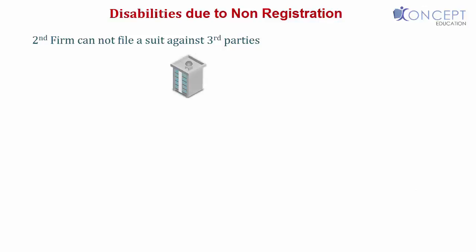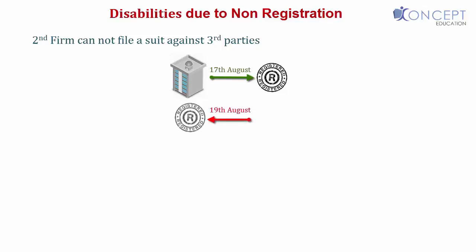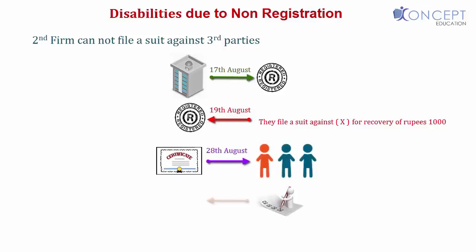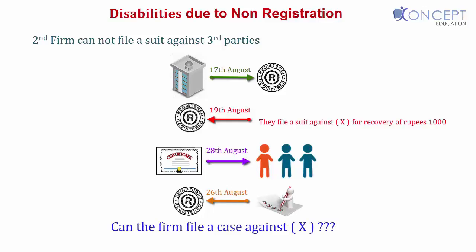An unregistered firm applied for registration on 17th August. On 19th August, before the registration could be filed, they filed a suit against X for recovery of rupees 1,000. Registration certificate was given to them on 28th August and the entry in the register was made on 26th August. Can the firm file a case against X?